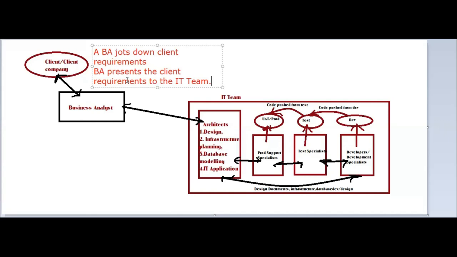All of those specific requirements are jotted down, including how the software application's GUI must look, and these are given by the business analyst back to the IT team. The IT team may be in India, and the client company may be in the US. The first job is what we call the requirements phase in SDLC, the software development lifecycle.